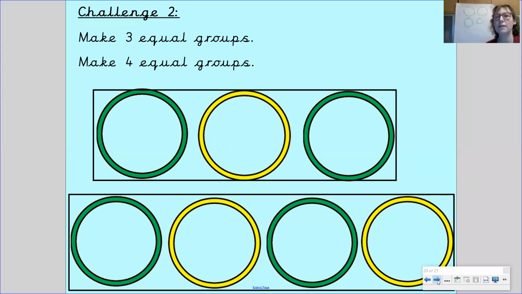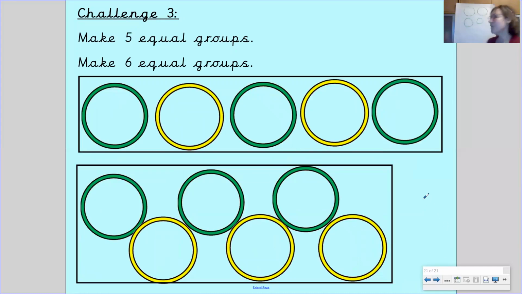And finally, challenge 3, you're going to do 5 equal groups and 6 equal groups. So you're just going to get, like I did, so I'm going to just show you very quickly.